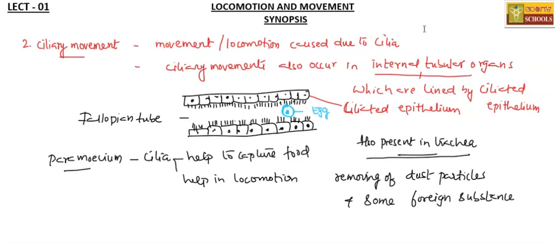Now let us see the next movement, that is the third type of movement, called muscular movement. So let's see about this muscular movement.